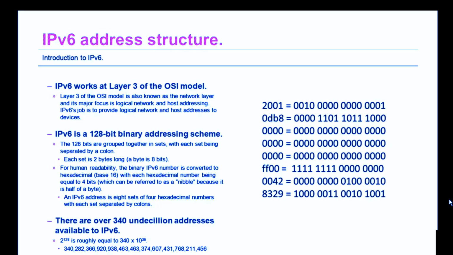That means that there are over 340 undecillion addresses available to IPv6. That's 2 to the 128th power, which is roughly equal to 340 times 10 to the 36th power. See that number there? I'm not even going to begin to read that one to you.